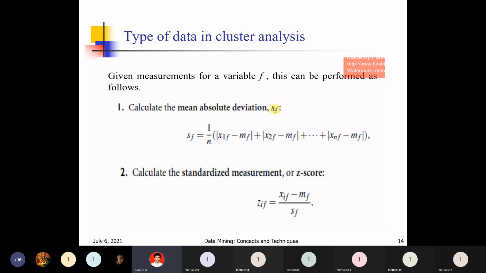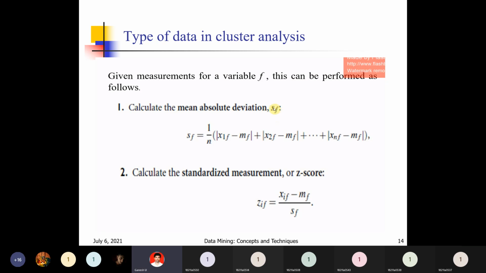The formula is s_f equal to 1 by n into |x1f minus mf| plus |x2f minus mf|, |x3f minus mf|, and so on up to |xnf minus mf|. Like this we will find out the mean absolute deviation.